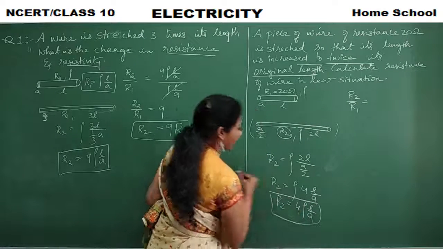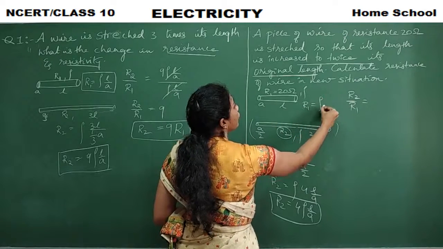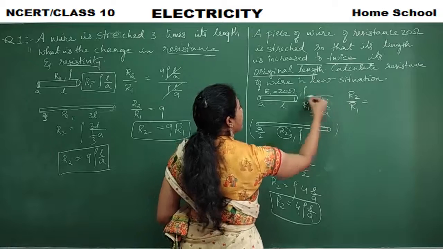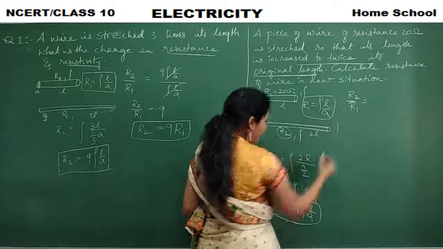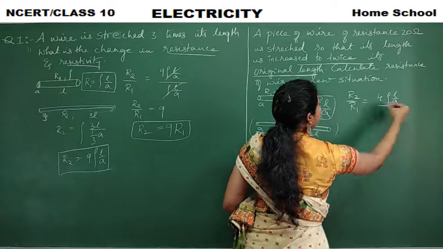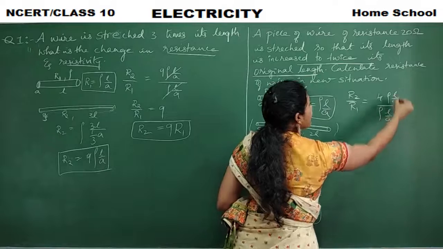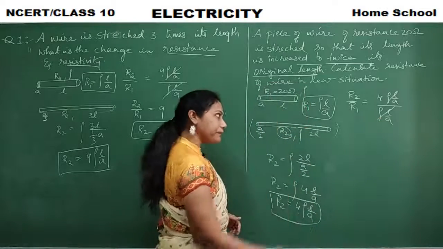This is your R2, right? And what is R1? R1 is equal to rho L by A. That's it. So substitute here. What is R2? 4 rho L by A divided by R1, which is rho L by A. So this gets cancelled, right?